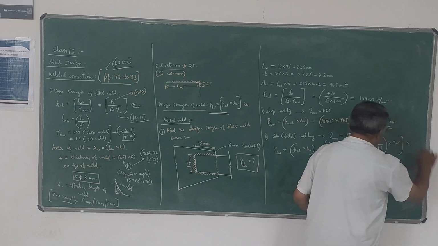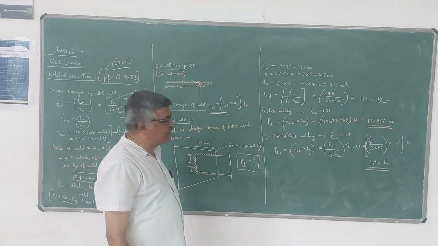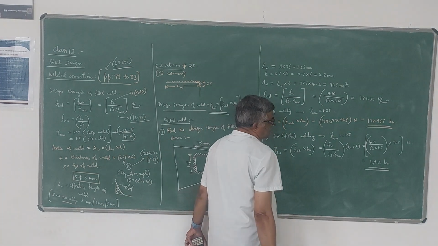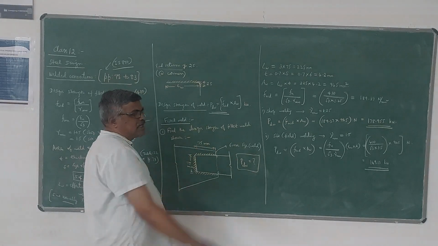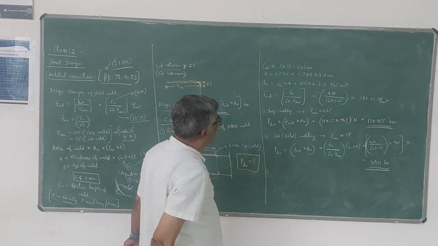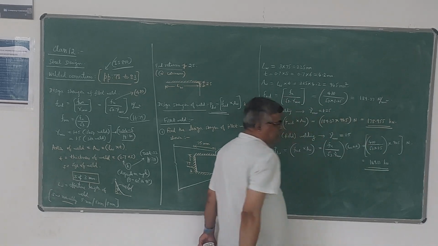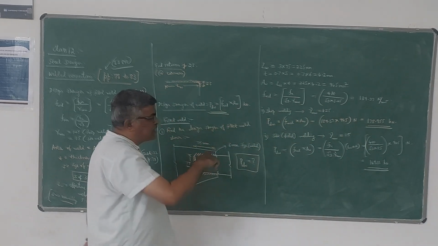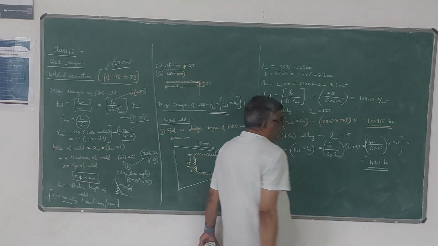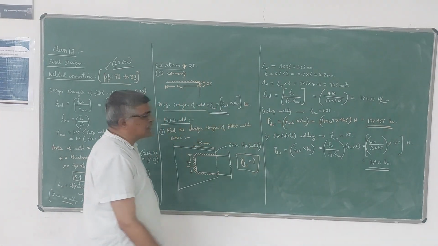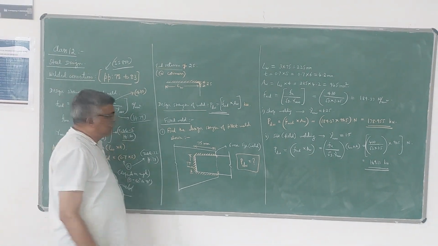So this is the strength of that weld if it is done in the field. So the same member under different conditions: if it is welded at shop, it can take more load. If it is welded at site, it can take slightly less because welding is not done under controlled conditions in the field. So this is how we can conclude the design strength of weld, given the length, the thickness, all those things.